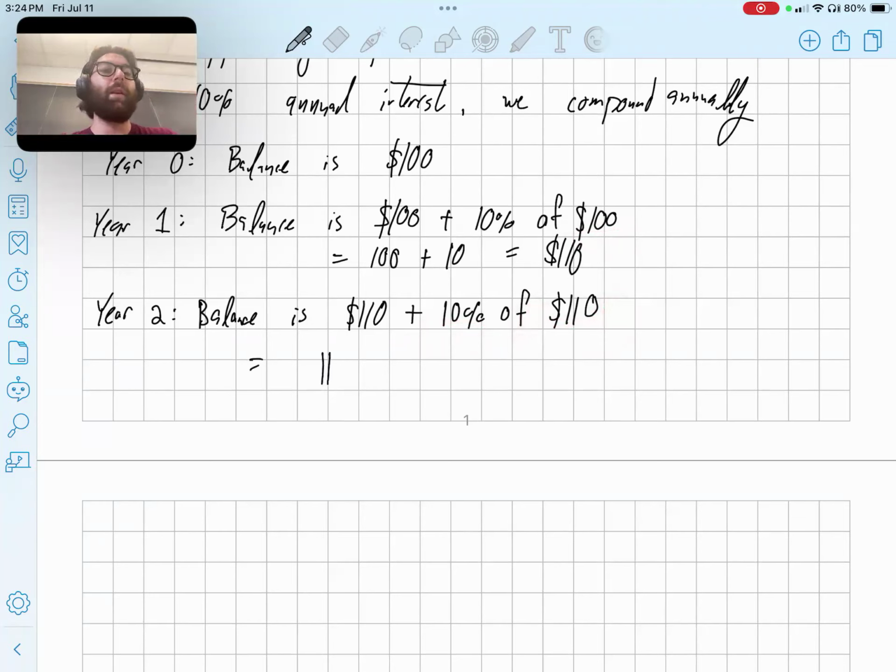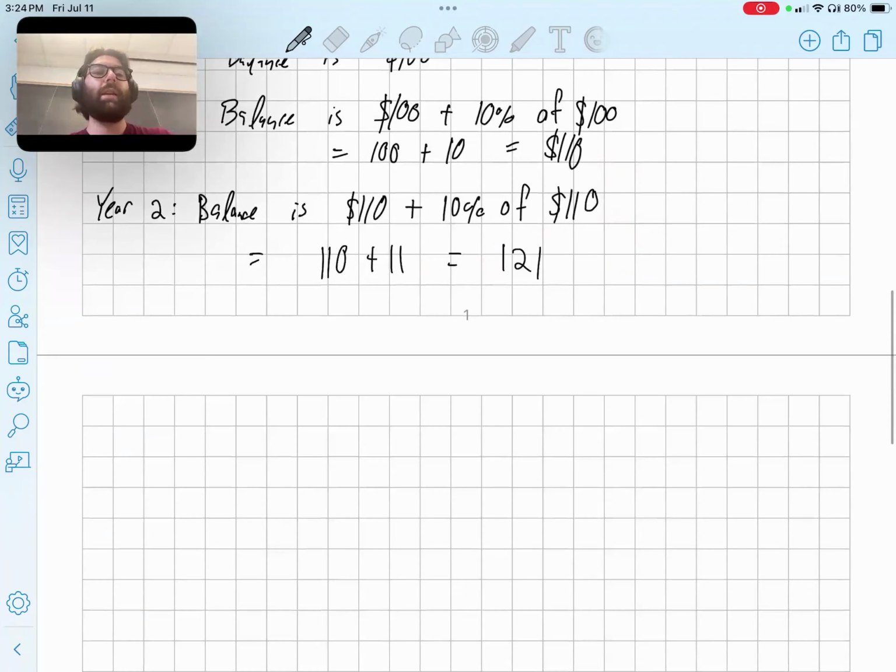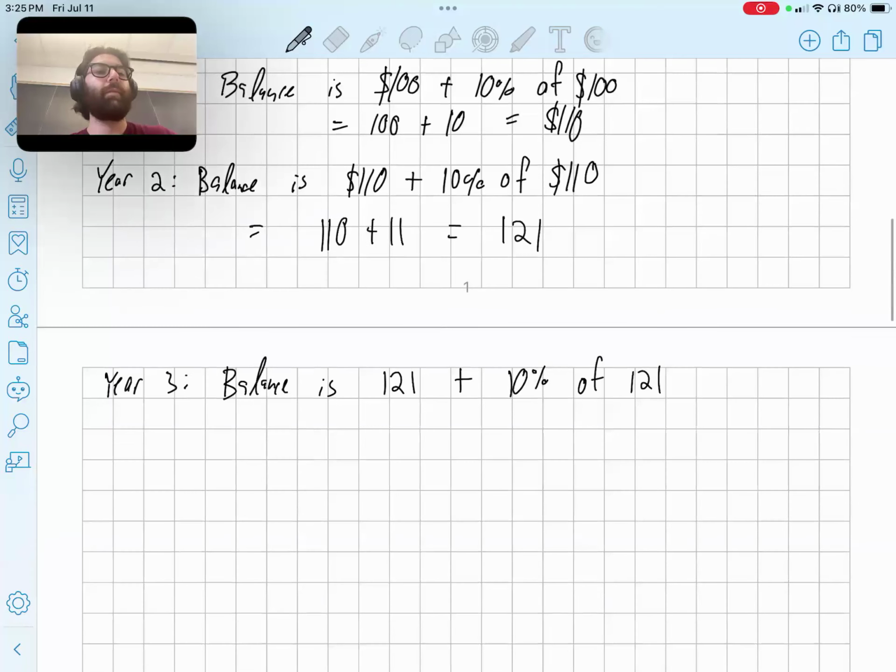So this is 110 plus 11, which is 121. And then year 3, our balance is 121 plus 10% of 121, which is 121 plus 12.1. So that's 133.1, etc. And so we're taking interest of our balance plus our interest. So we're taking interest on interest. And that's what we mean by compound interest.